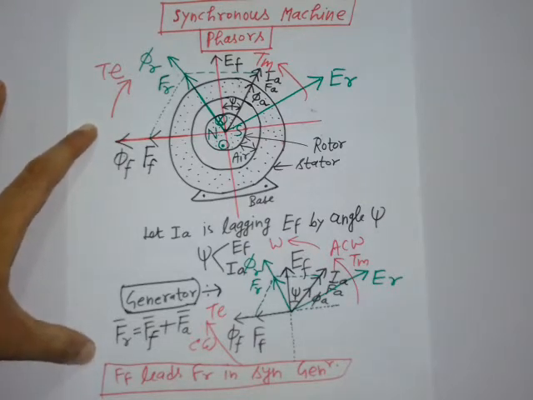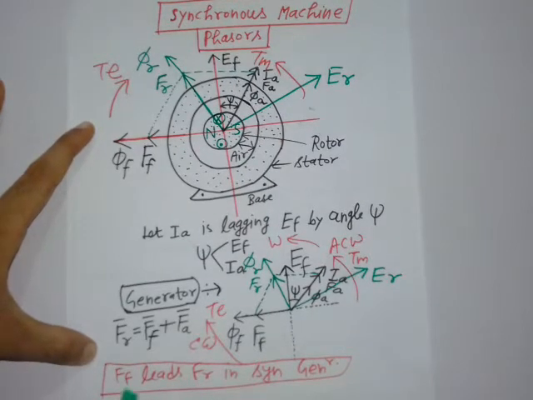There we have discussed that in case of synchronous generator, field MMF FF leads resultant MMF FR, and FR is the phasor sum of FF and FA. FA is the armature MMF, FF is the field MMF, FR is the resultant MMF in the air gap.